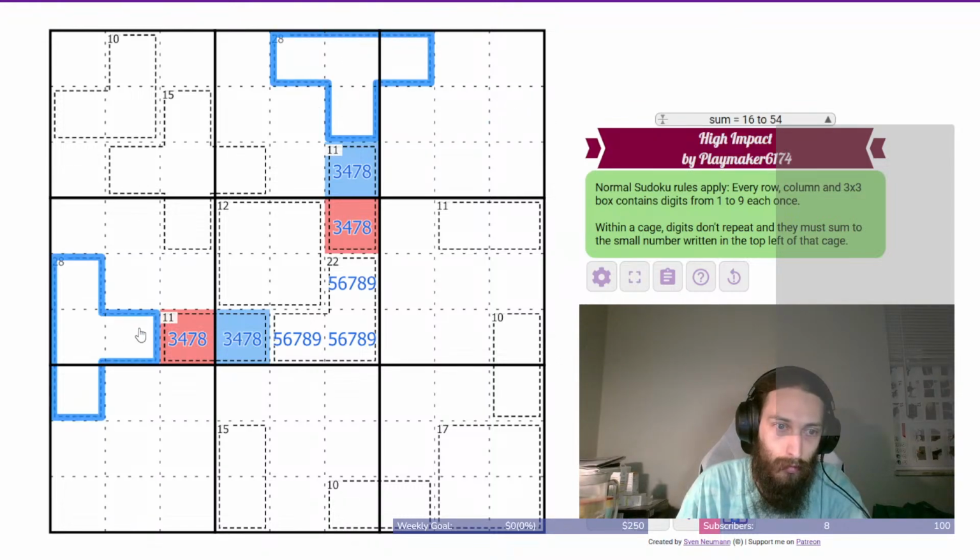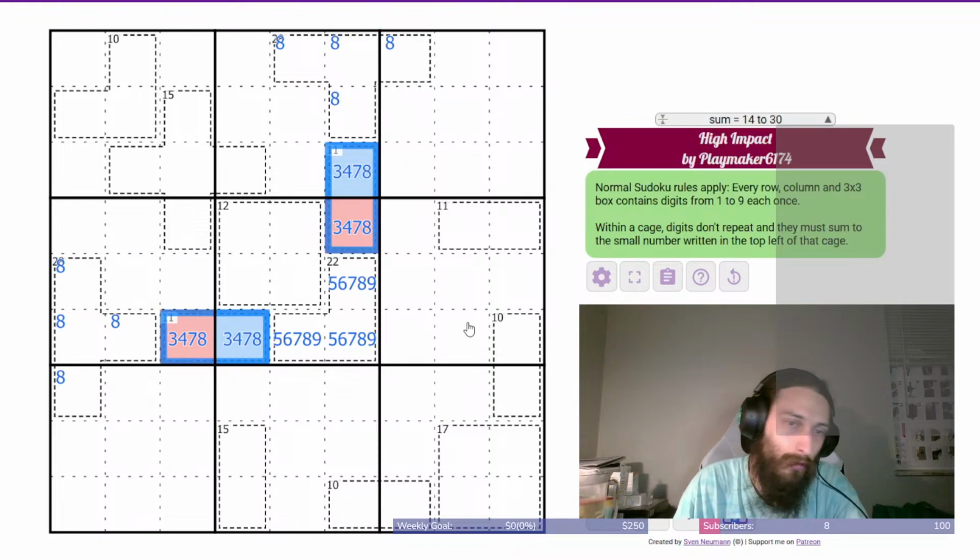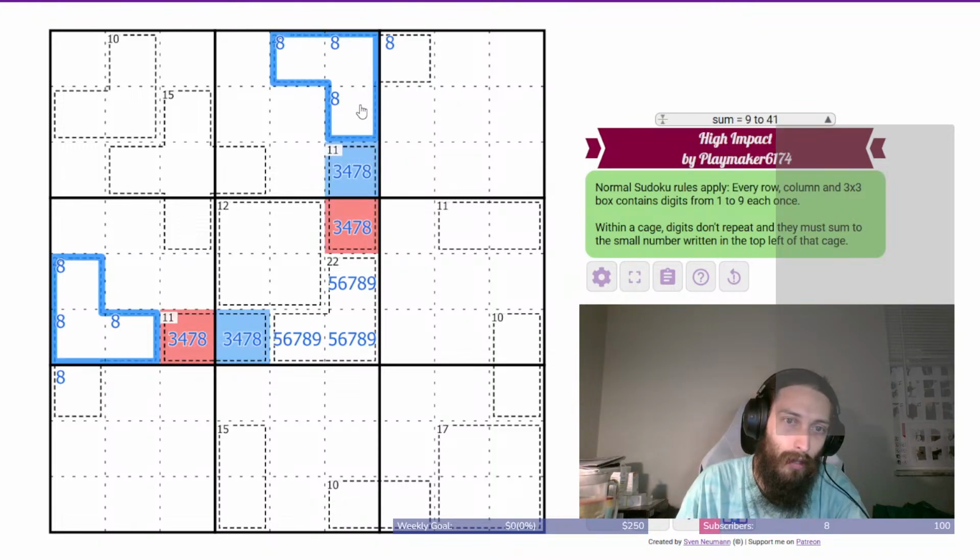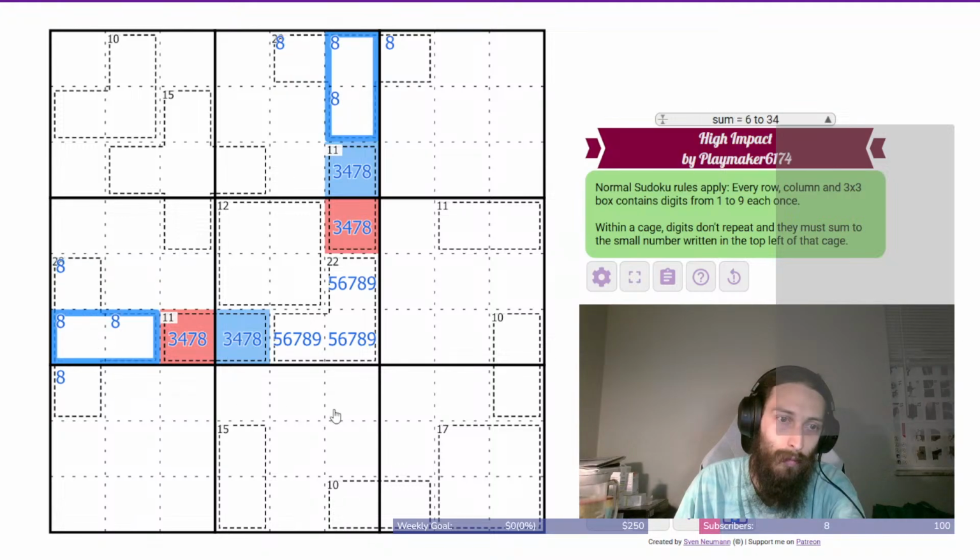So, let's think about the 8s. If this was a 3-8 pair, then the 8s would be ruled out of those.